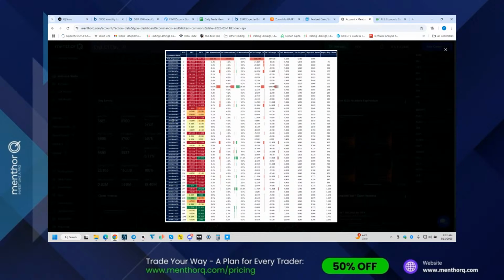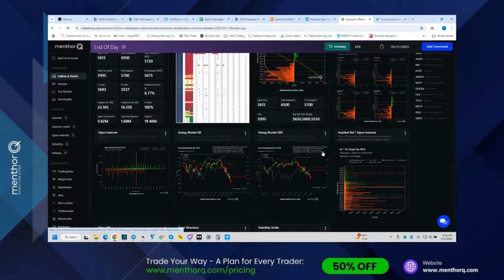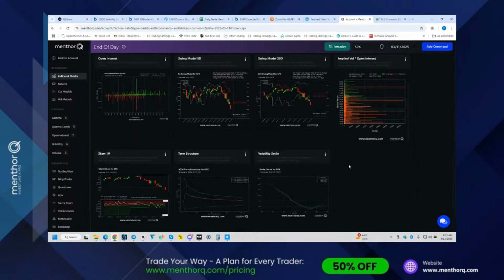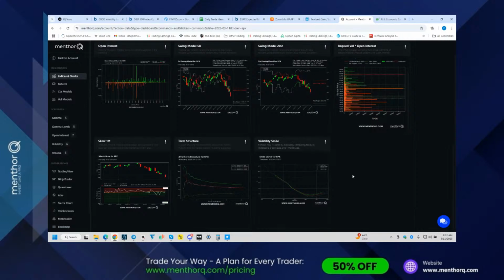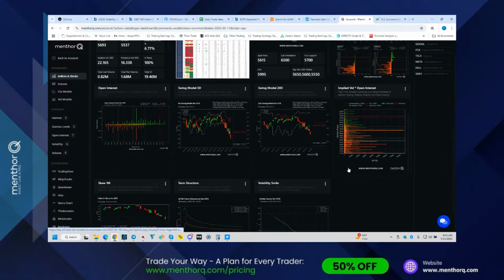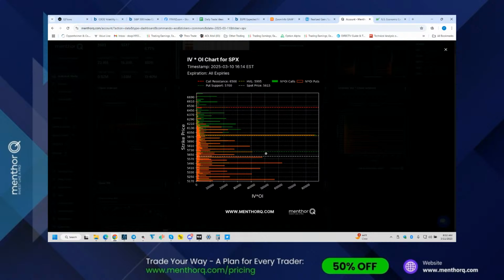I'm not going to belabor the point, but we're put dominated. Just look at this. Red is no bueno. We have some positive deltas all the way in June, but it's a bit of a way off. Let's just take a look over here at the open interest.